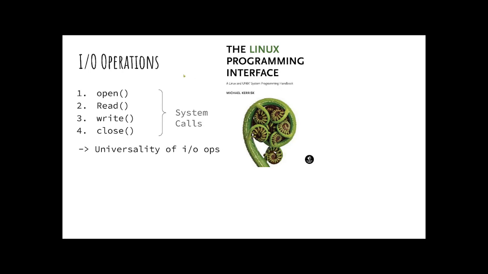One of the concepts that we are going to understand is the universality of these I/O operations. You might be aware of the phrase in Linux that everything in Linux is a file. When we are doing I/O operations on a general file, like your text file or whatever you know as a file in general terms, all those operations can be performed on other kinds of files too.